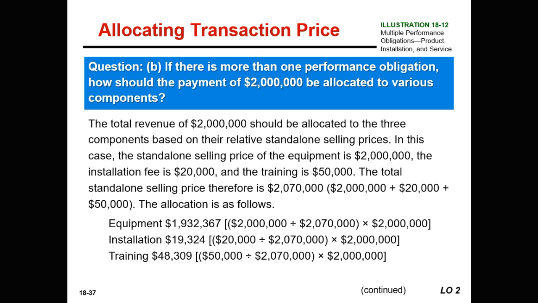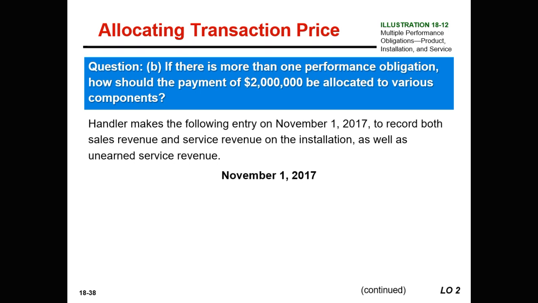So on November 1st, we make this entry to record both our sales and service revenue on the installation, because that's when control was handed over. We also have some unearned service revenue in the form of the training. We start with the receipt of $2,000,000 worth of cash.